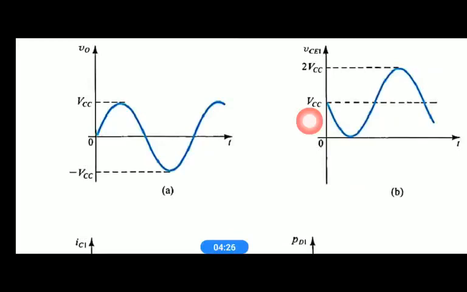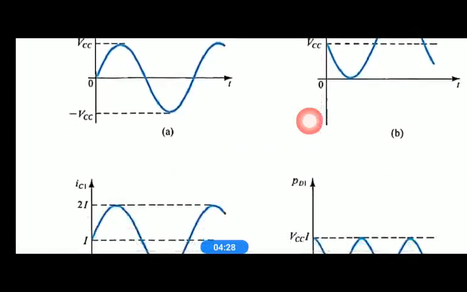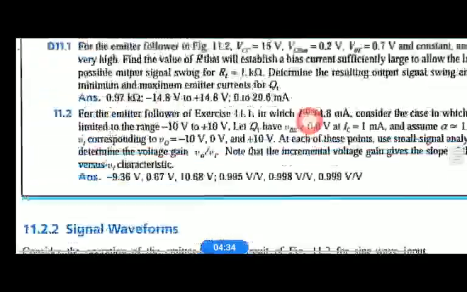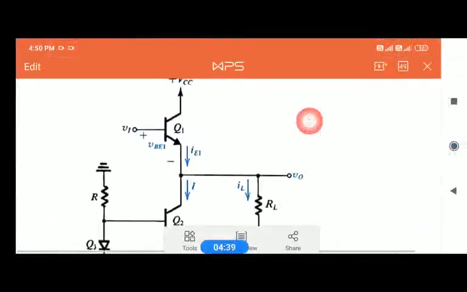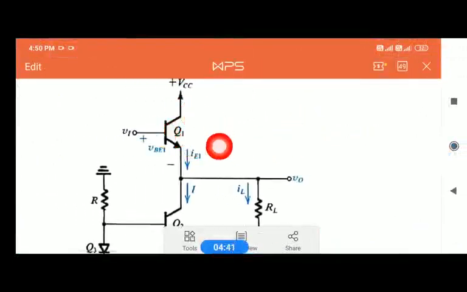Understood, right? Now when we increase the input voltage Vi, you can see in the circuit that increasing Vi causes Q1 to conduct more. So the current here is more than I, increasing from I upwards.